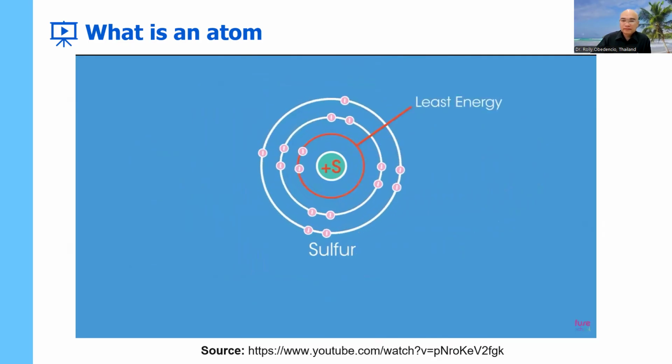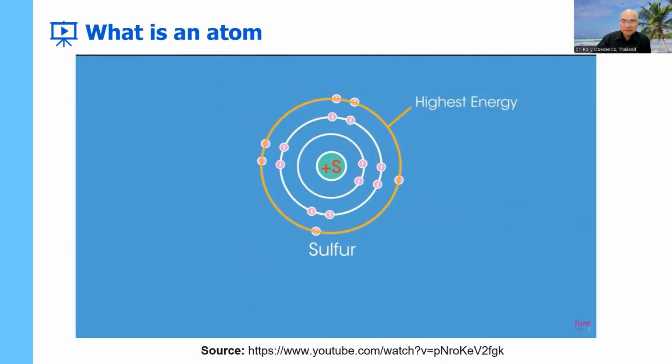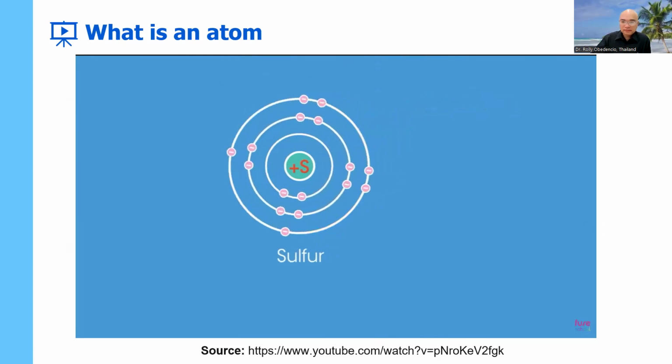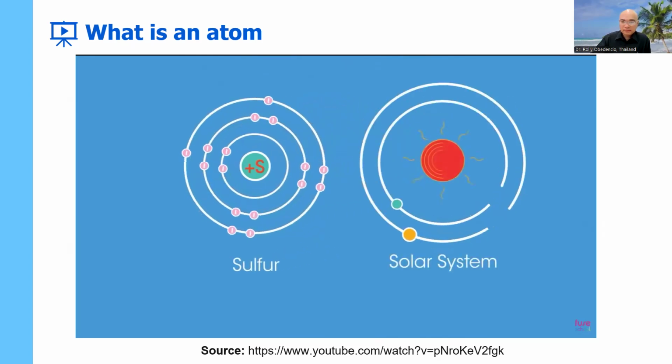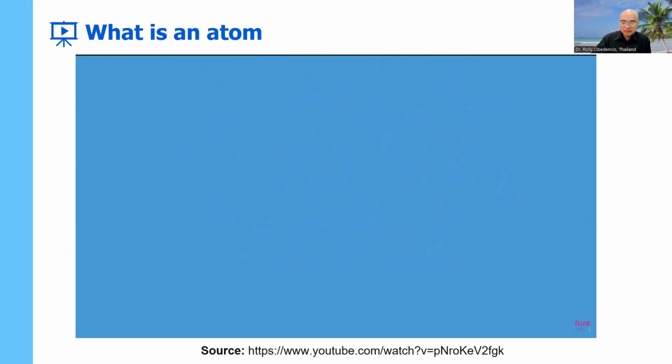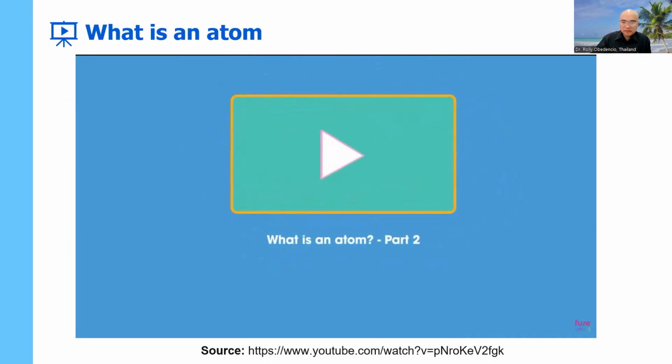Electrons in shells closest to the nucleus have the least energy, and electrons in the outermost shell have the highest energy levels. In other words, electrons orbit the nucleus similar to how planets orbit the Sun. However, electrons can only orbit at specific distances and with specific energies. We will look at the differences in structure of atoms of different elements and the periodic table in another video.